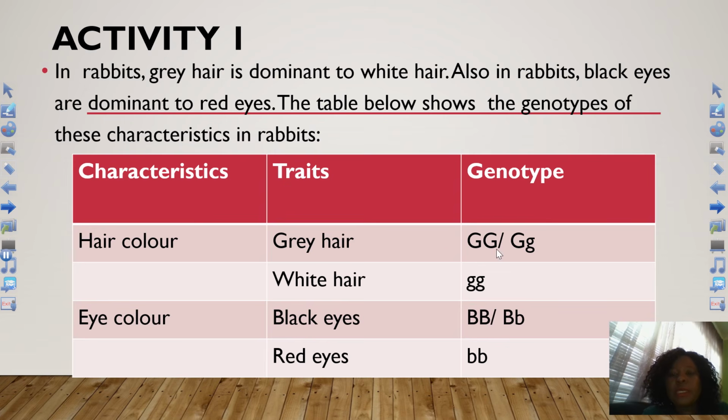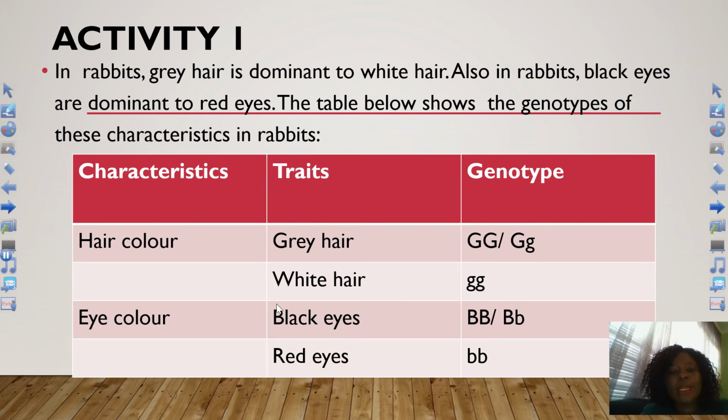It's capital G, capital G, as well as capital G and small g, meaning that if the rabbit has got gray hair, they can be homozygous or they can be heterozygous. Heterozygous meaning that there are two different alleles forming the genotype of that individual. White hair is recessive, so there's only one option there, which is that of having two small g's.